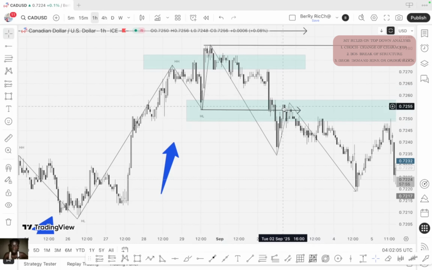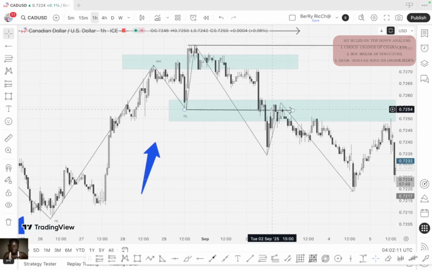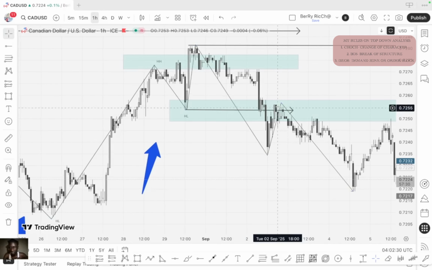It came with a long red candle body with a short candle body, but you see the pressure here.